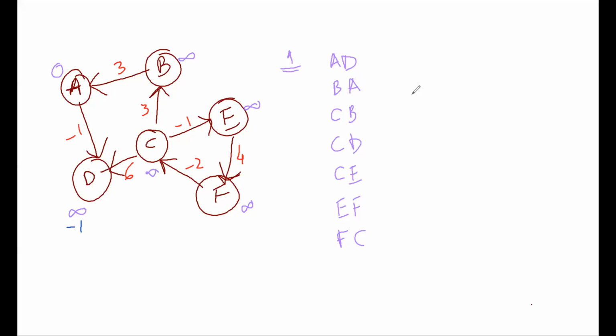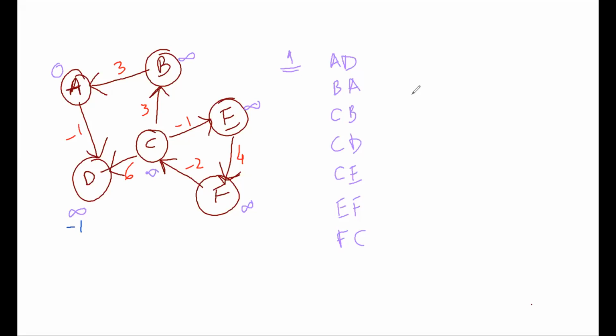Next round. Again, you take A to D. A to D is 0 minus 1. Nothing changes. There's no more outgoing edge, so it will just stop there.